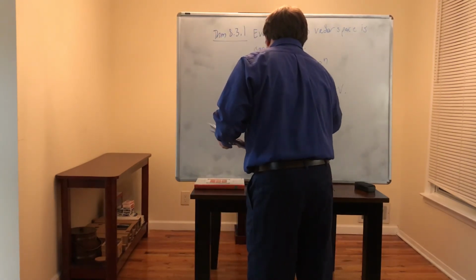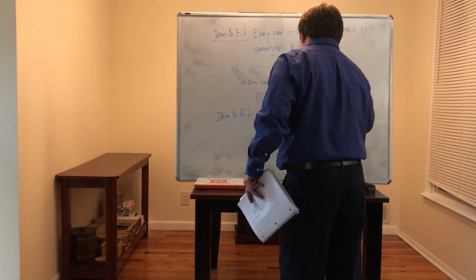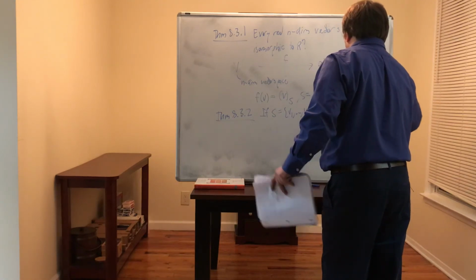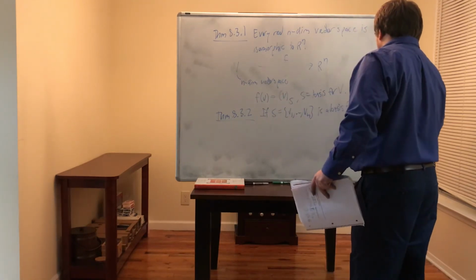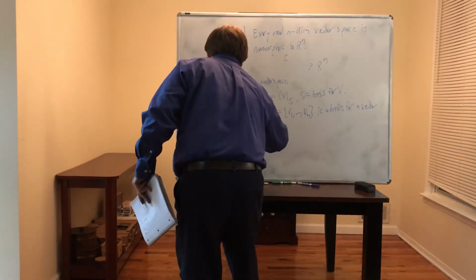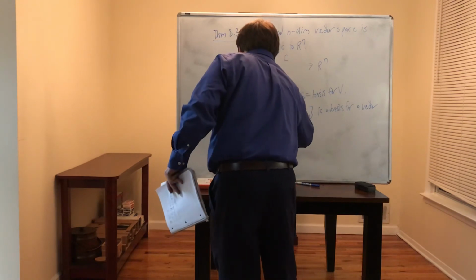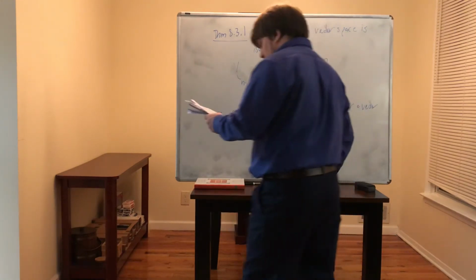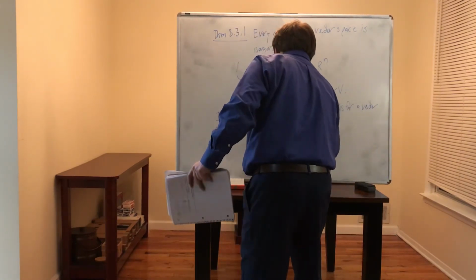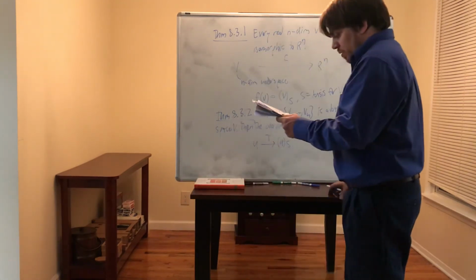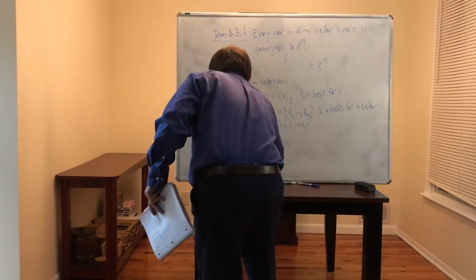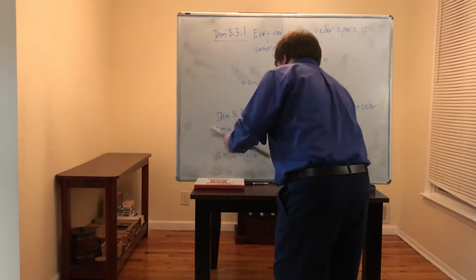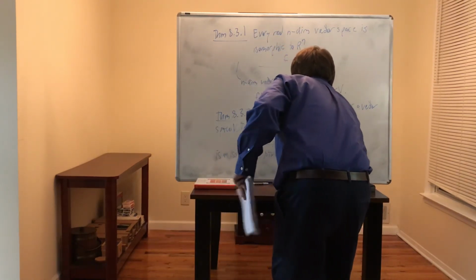If S = {v1, ..., vn} is a basis for a vector space capital V, then the coordinate map that maps u to the coordinates of u relative to S, so I'm just going to write the T there, is an isomorphism between V and Rn.